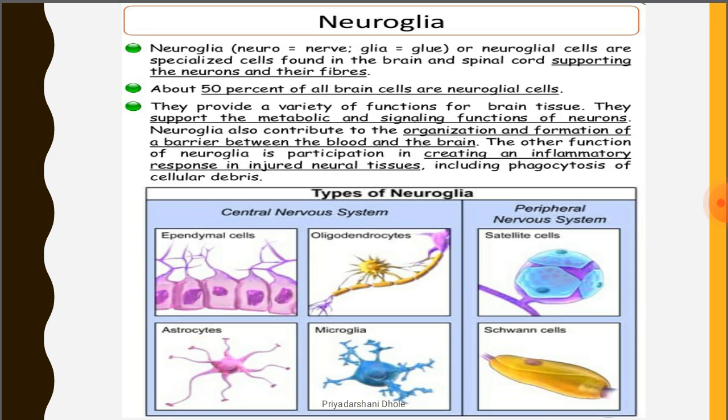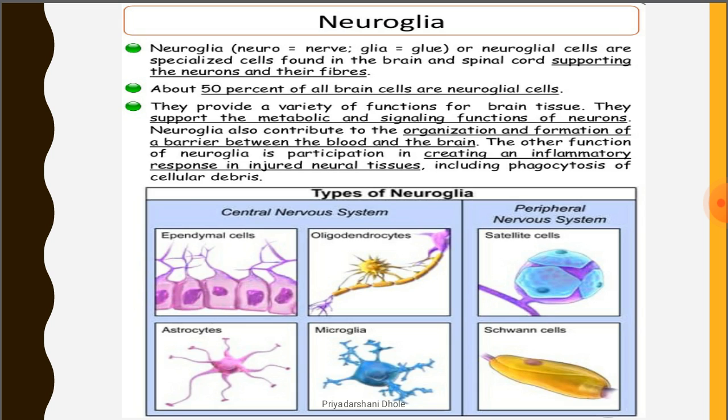Now again, this nervous tissue shows a special type of cells, which are called neuroglia, or neuroglial cells. They are specialized cells found in the brain and spinal cord, supporting the neurons and their fibers. About 50% of all brain cells are neuroglial cells. They provide a variety of functions for brain tissues.